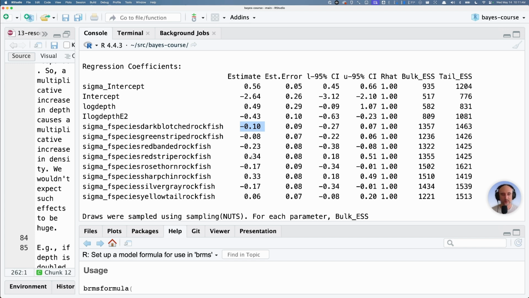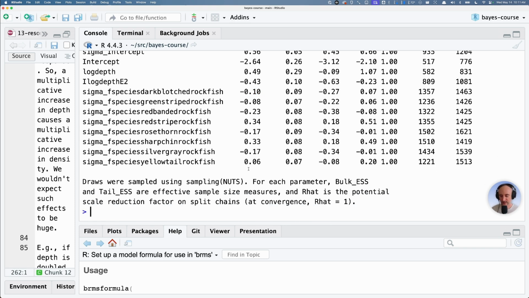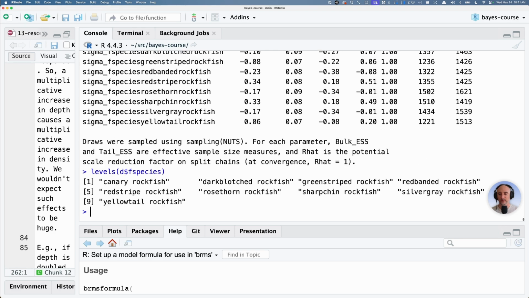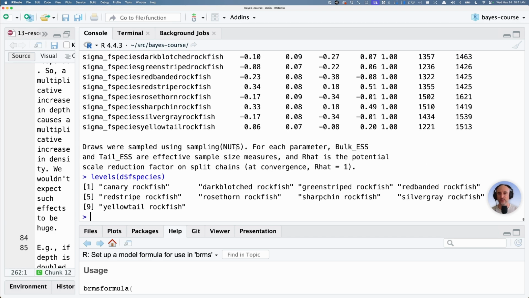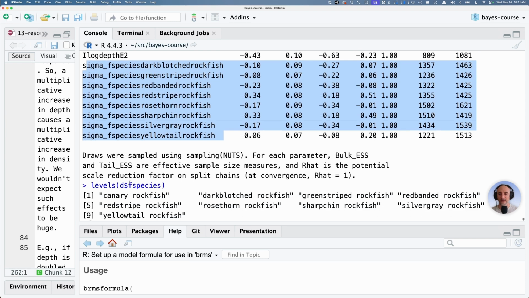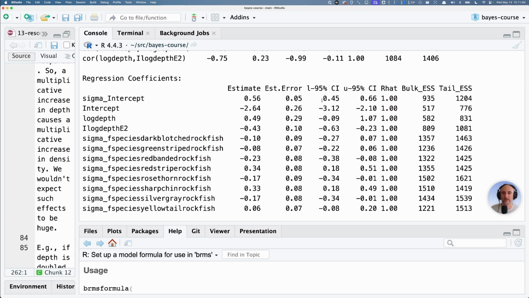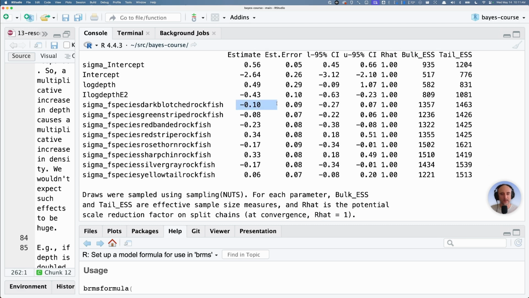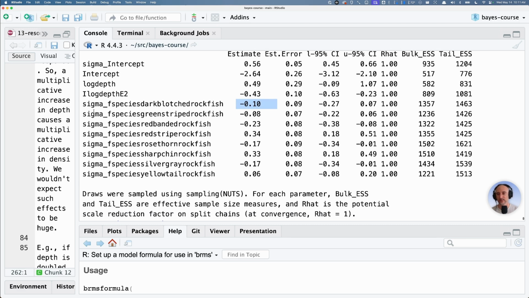Red stripe is 0.34 higher than that, and so on. So that's how you read it. If we looked at levels of F species, so the first one is canary, and you can see that canary is missing from here. So this is the canary estimate, and then everything else is offset from the canary estimate. Are there any questions about what we're looking at in the output?